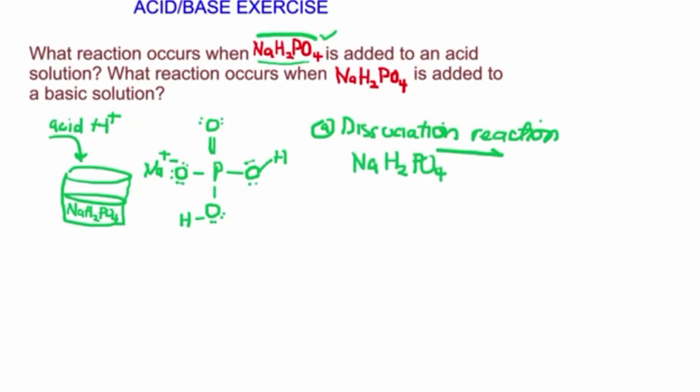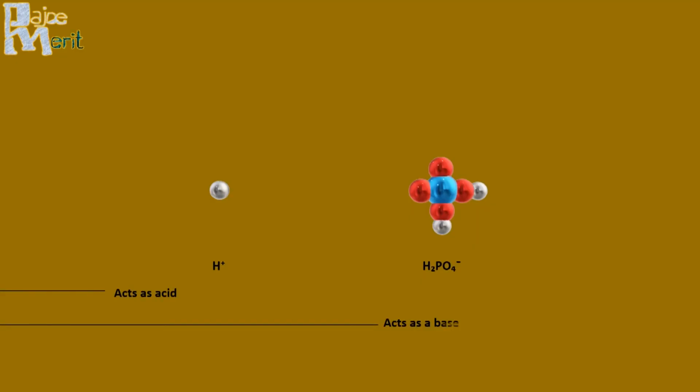There will be a complete dissociation, where we have our sodium ion and 2 hydrogens attached to our polyatomic ion with a charge of -1. Once that is done, the next step is to use this compound right here, because the sodium doesn't contribute to the acidity.